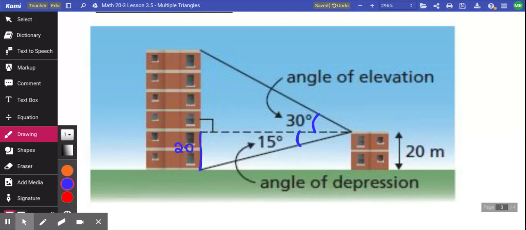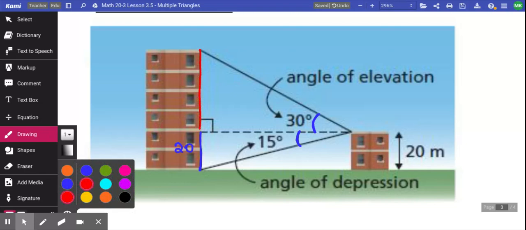So now the only thing you need to find is the rest of the building. Again, it's a double triangle question. So this one we're going to call X is a part of the red triangle. First, you gotta find the bottom triangle. You can't solve this red triangle until you get more information about it, because there's not enough info there, right?